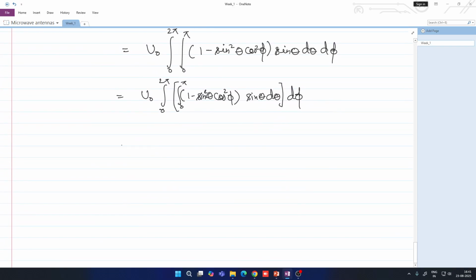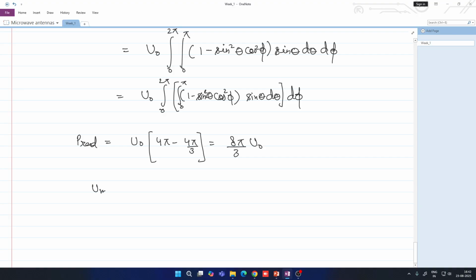When we solve this, we will get P radiated as U naught into 4 pi minus 4 pi by 3, which is 8 pi by 3 into U naught.